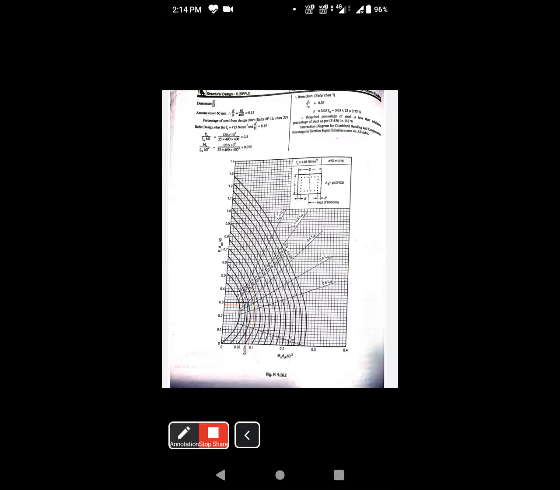Now you have to find the area of steel in compression. Area of steel in compression is nothing but p into b into D upon 100, which is equal to 1 into 400 by 400 divided by 100.